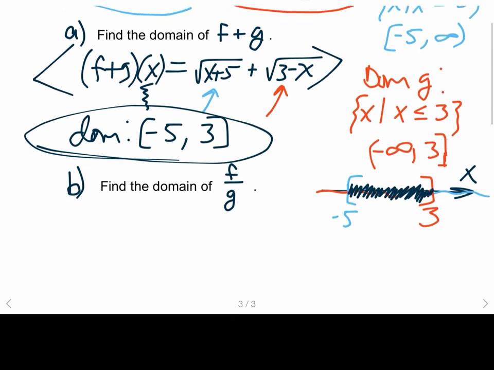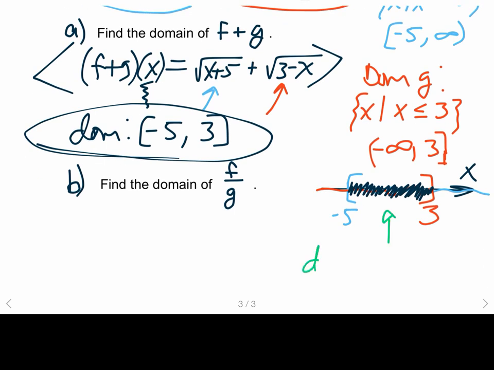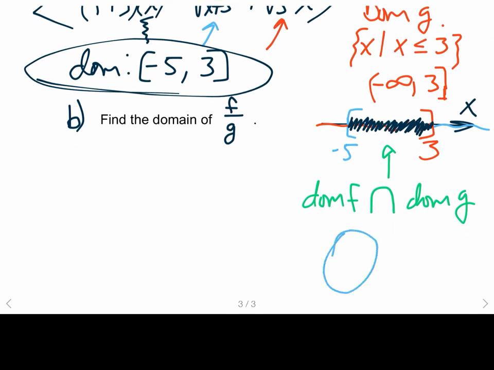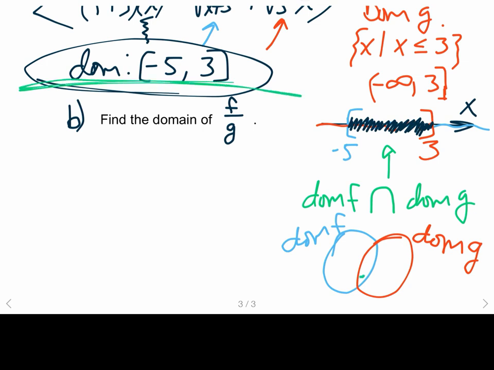In symbols, this interval is the domain of f, upside down u, that's an intersection symbol, domain of g. An intersection indicates overlap. And so if this were, say, what we call a Venn diagram, where I have the domain of f represented by some set and the domain of g likewise represented, kind of like a MasterCard logo, the domain that we were just talking about is the set of numbers that exists in both domains.